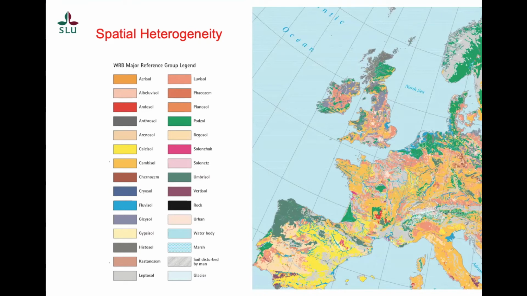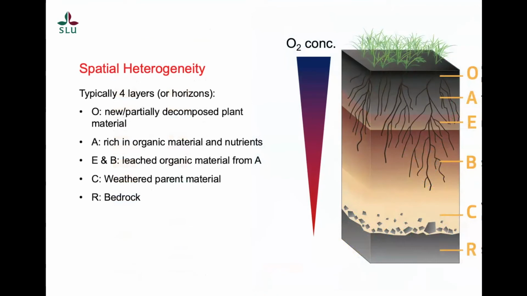Let me dive into that a little bit, because when we talk about soil spatial heterogeneity, it's not just across the surface, it's also further down in the depth, the profile of the soil. So you have these different horizons of soil.